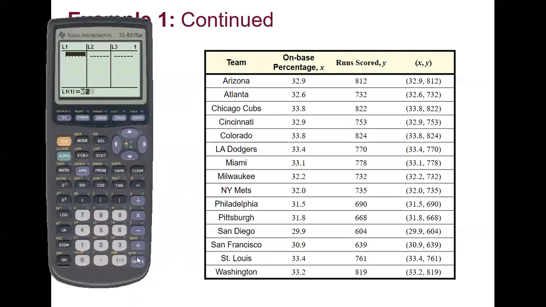So I have 32.9, 32.6, 33.8, 32.9, 33.8, 33.4, 33.1, 32.2, 32, 31, 31.5, 31.8, 29.9, 30.9.